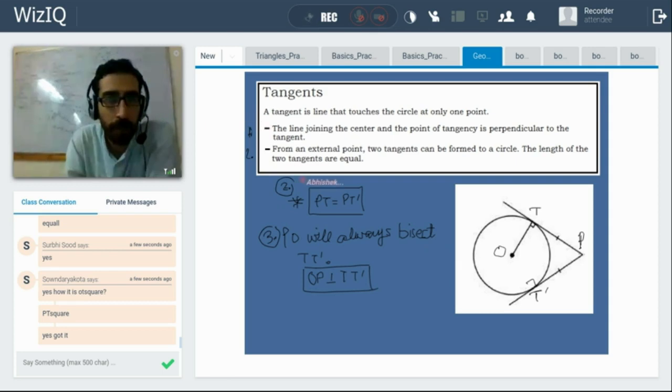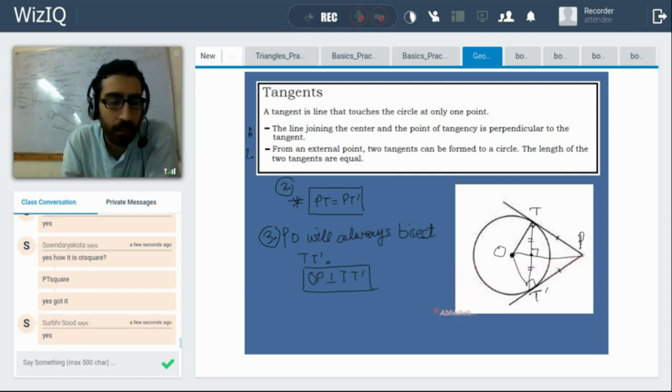So from the point of intersection, these two lengths are equal. Is this clear? It is a rather important property, and it gives rise to some wonderful questions.